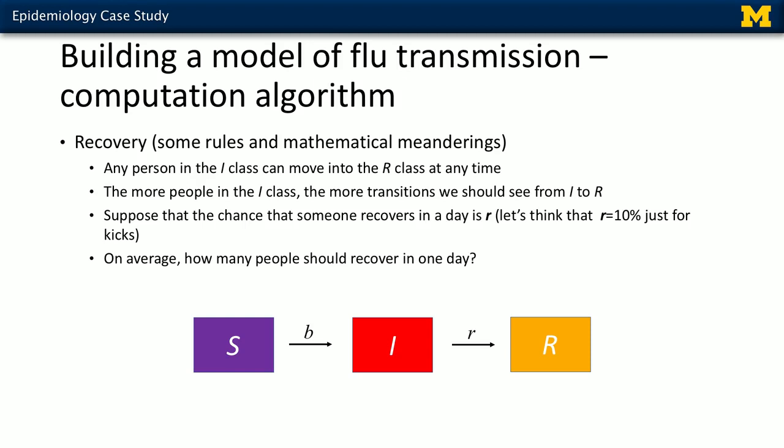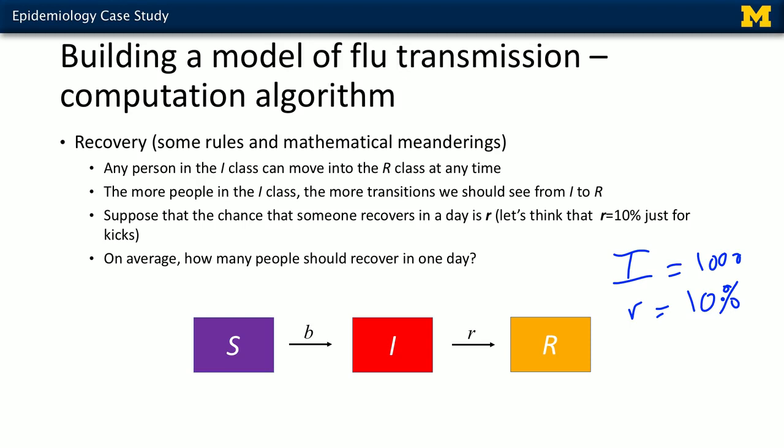Maybe we can quickly argue about that with the screen. If today, at the beginning of the day, there are I infected, let's say that's 1,000, and R is 10%, then 10% of those 1,000 individuals should recover. That's the number of people we should see recovering on that day.